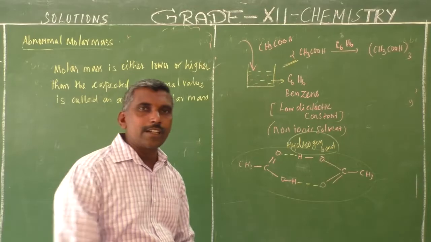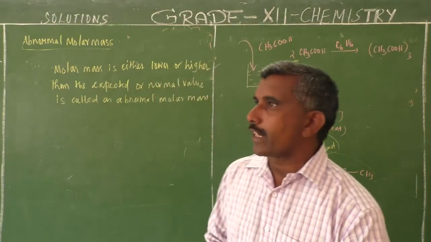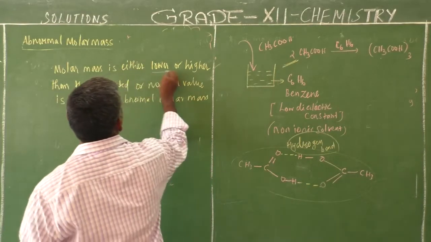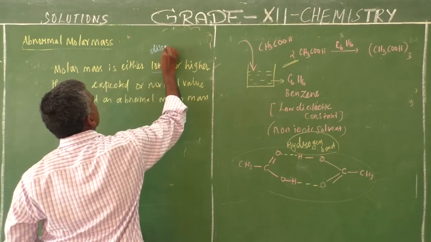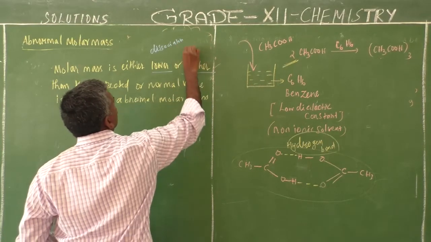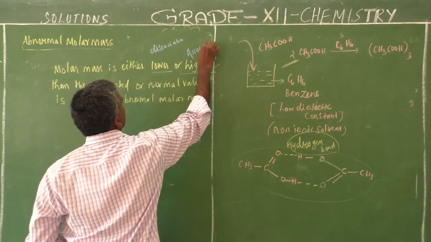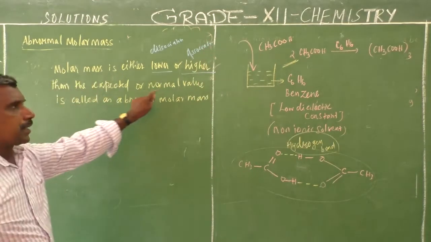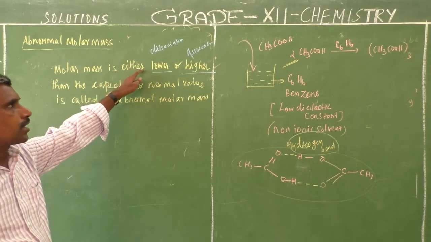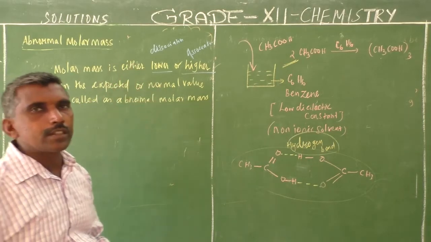When solute is dissolved in solvent, if dissociation takes place it means lower molar mass. Higher means association. Then the expected normal value is lower, that is dissociation, or higher, that is association takes place.